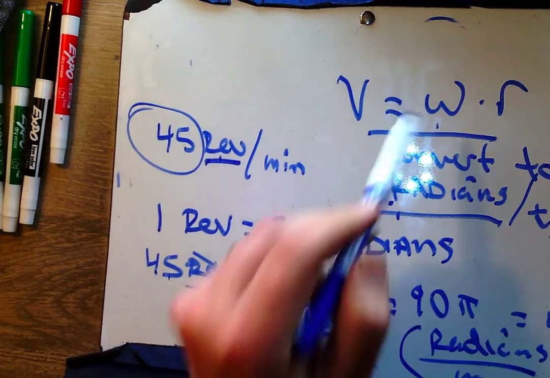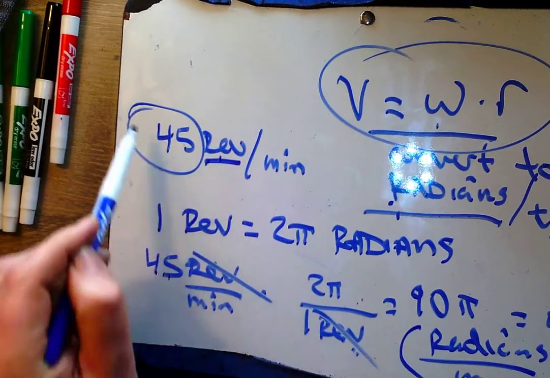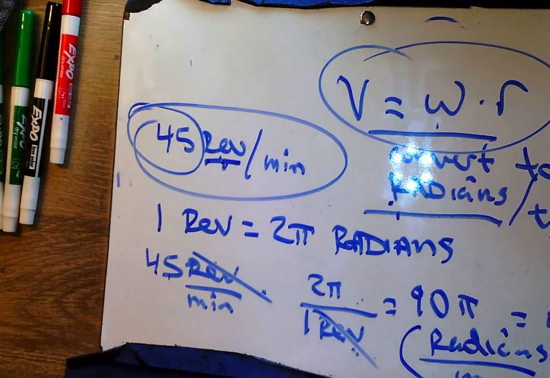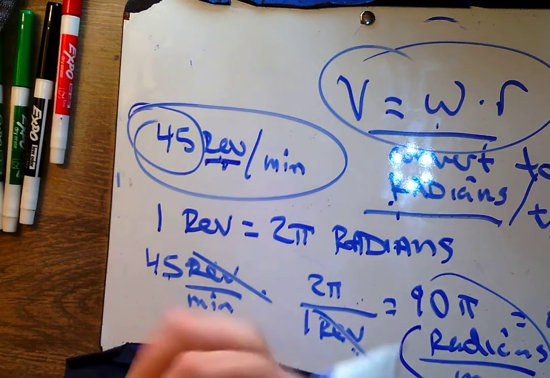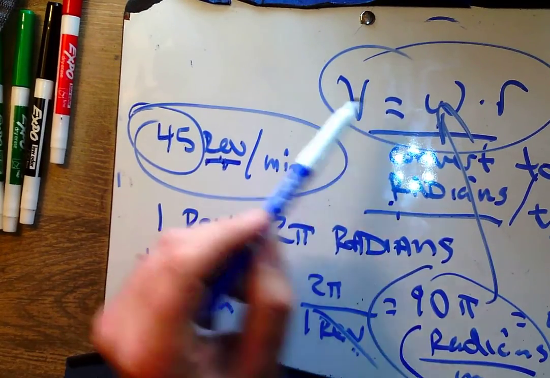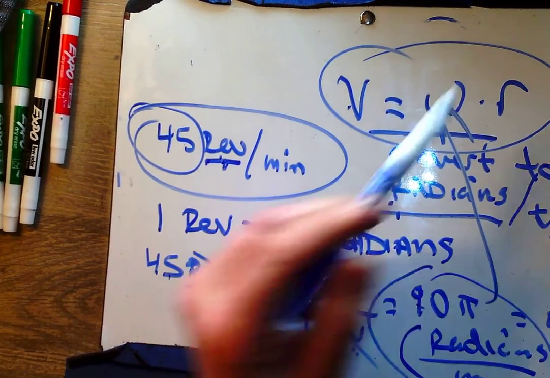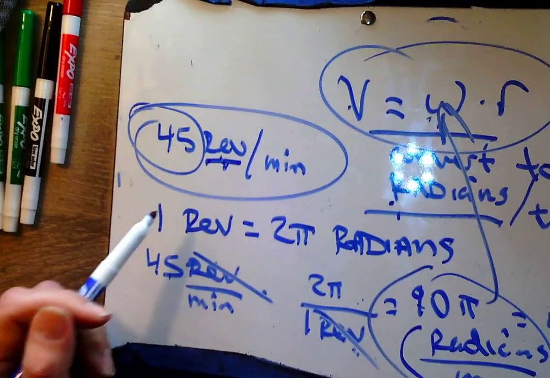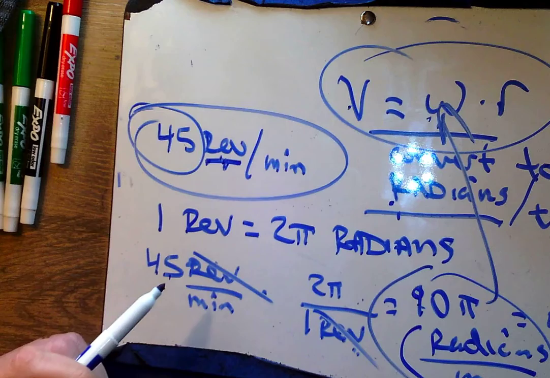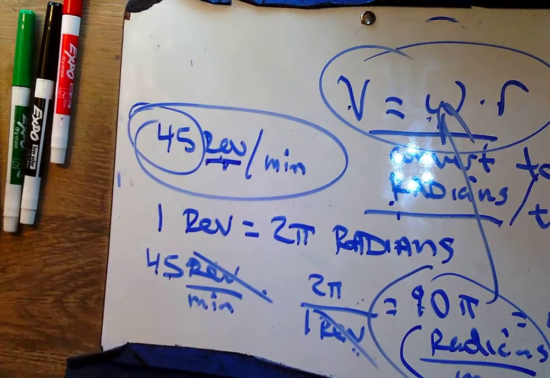So before I can use this, I need to get out of revolutions, I need to get out of degrees, and I need to get into radians. And really, linear velocity is just going to be this angular velocity times the radius of the wheel, or the radius of the gear. Yeah, so let's see about doing some problems now.